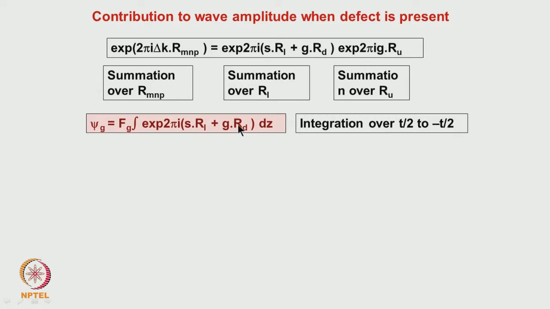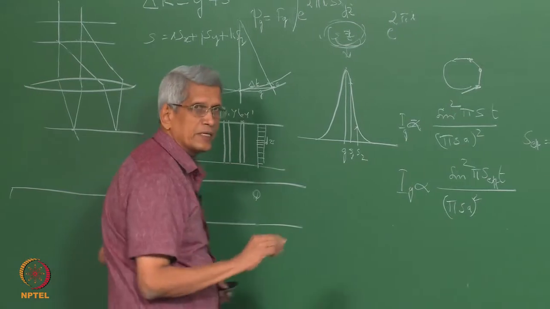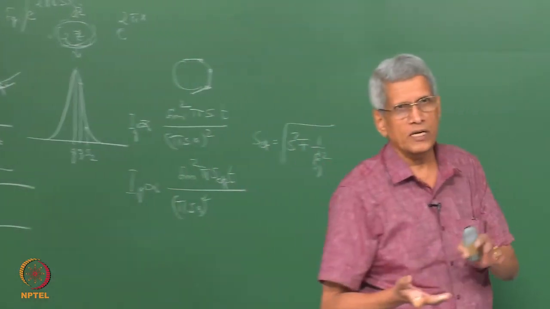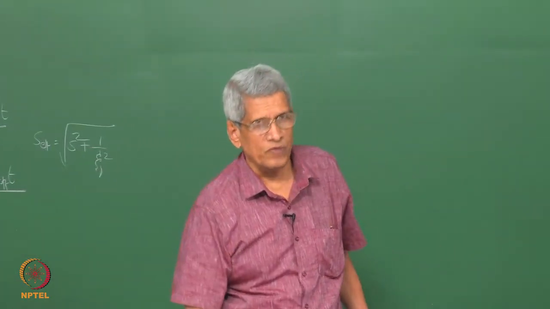At some particular position in this sample, suppose we have a defect, so that the lattice parameter has an expansion or contraction, or there could be a rotation. There are different ways in which the displacement can manifest itself.